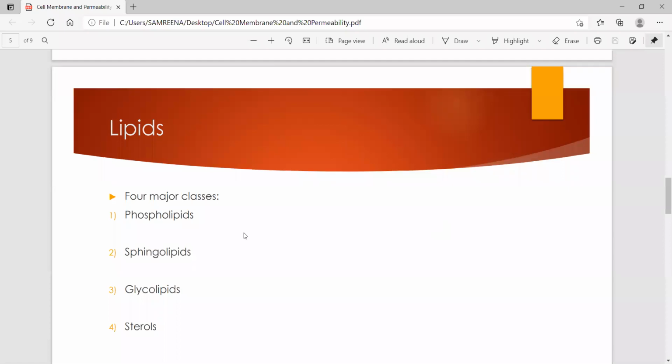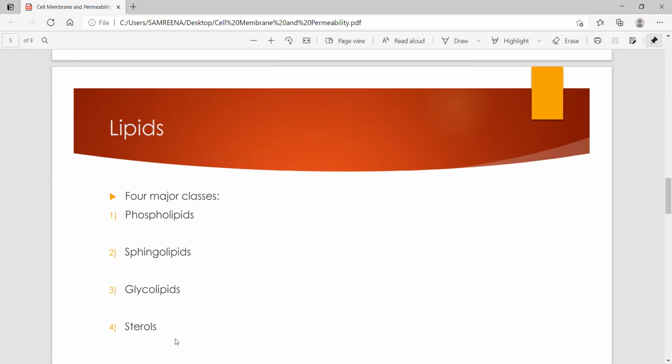Now, जो ये हमारा phospholipid है, this is the major chunk of lipids, और जो हमारा maximum portion of lipids है, it is composed of phospholipids. So we can say phospholipids are lipids attached with the phosphate group. These lipids are abundant in nature. Then sphingolipids, glycolipids, and sterols.